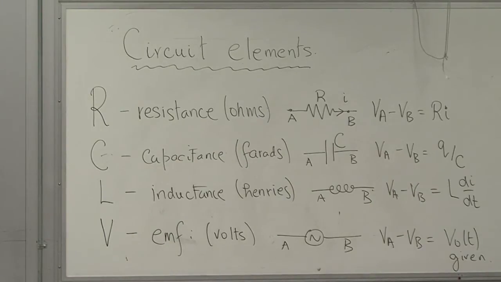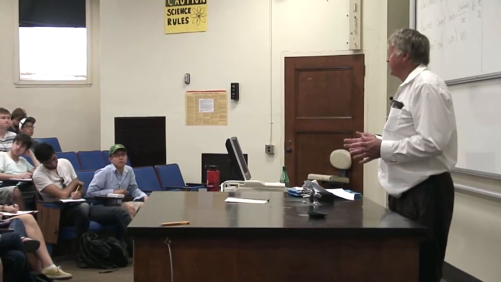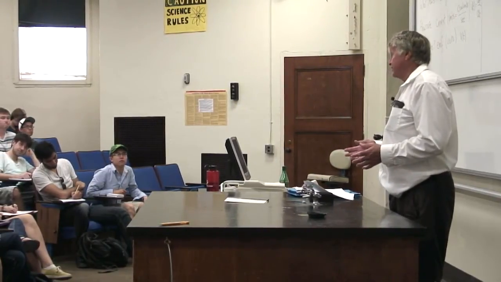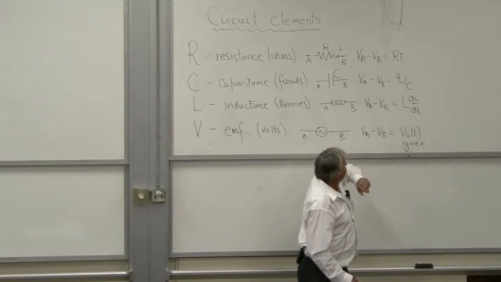We will always treat just linear cases in this course. We will treat just the cases where there's this linear relation. And sometimes then what it's called is linear circuits, because of these linear relationships between the voltage difference and the current.